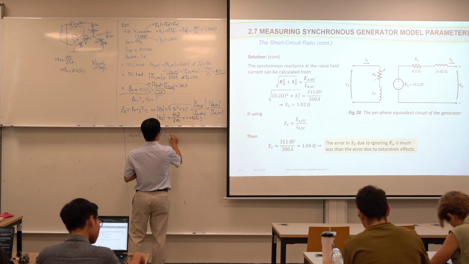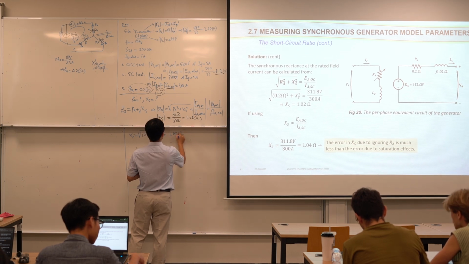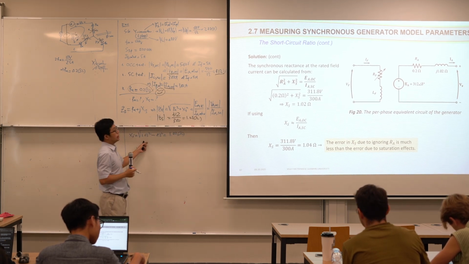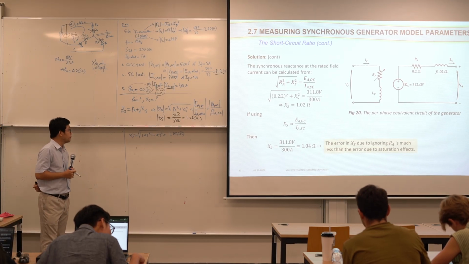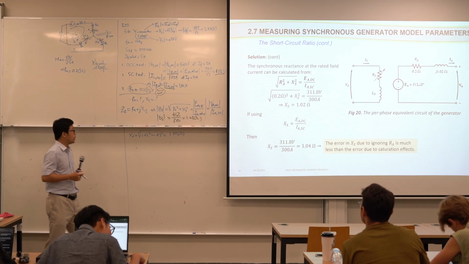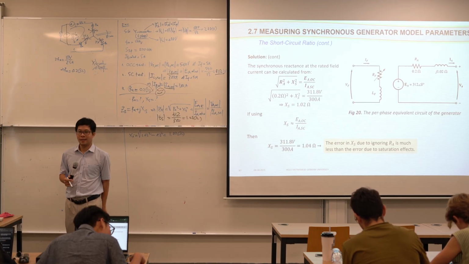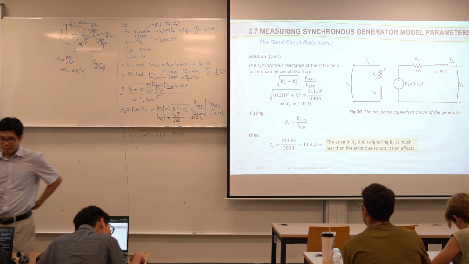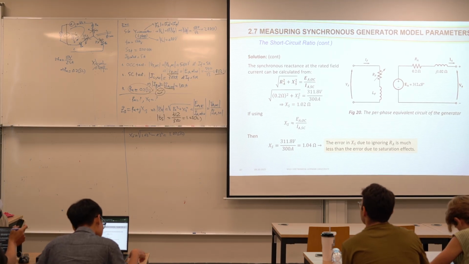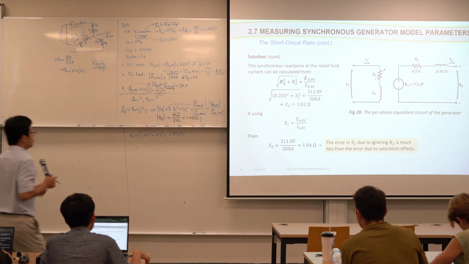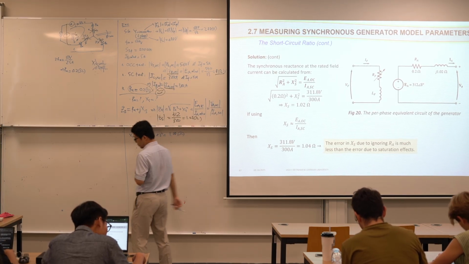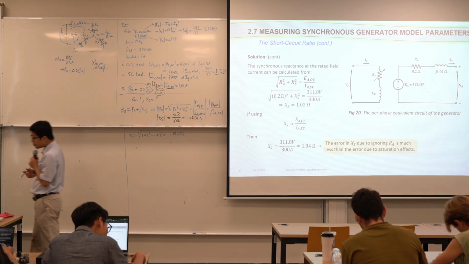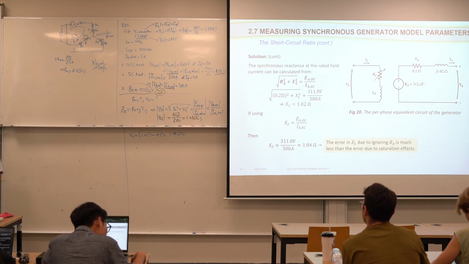XS is 1.02 also. Please double check. Is this correct? I don't know. We need to calculate. Maybe 1.01. I don't know. How many? 1.00. That's all.